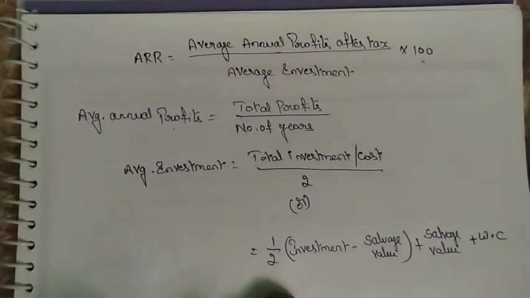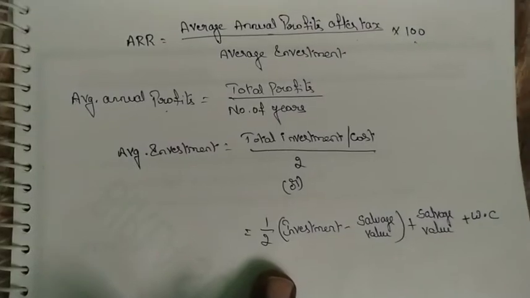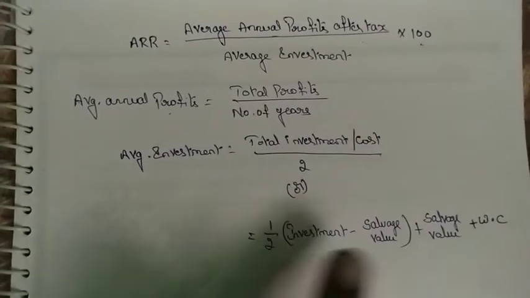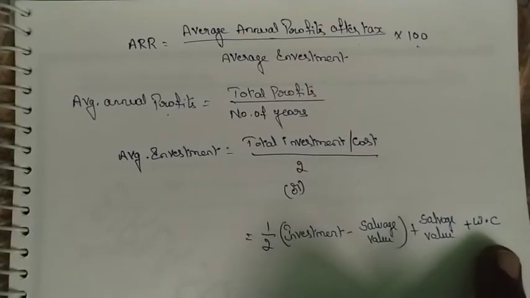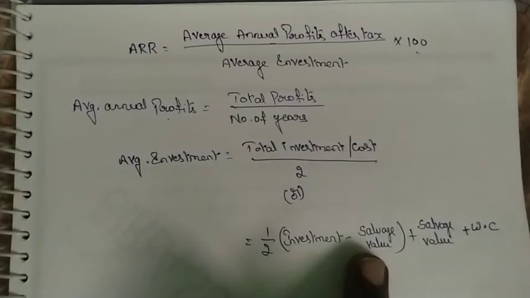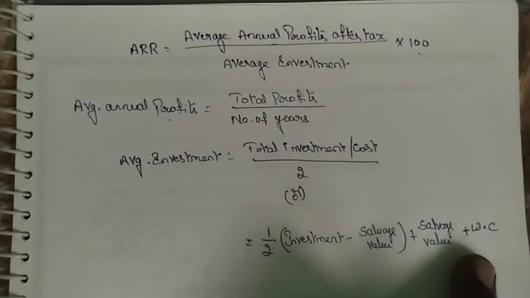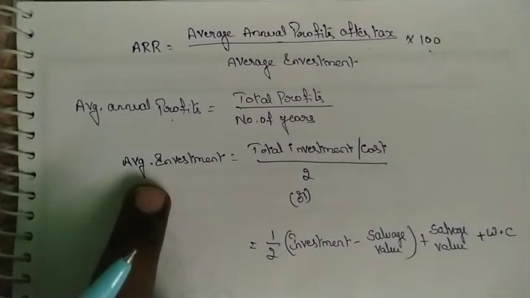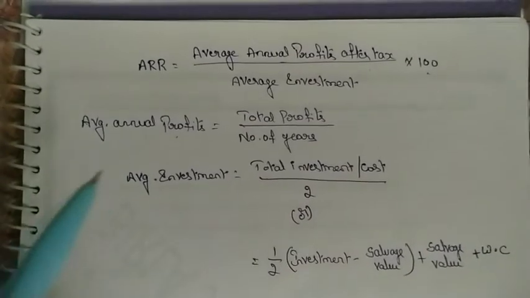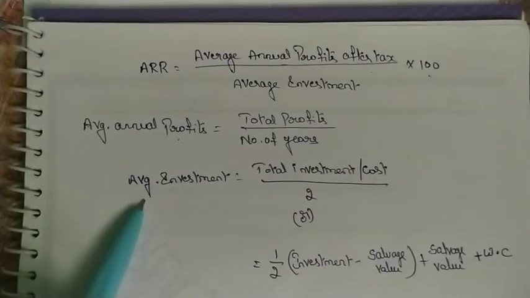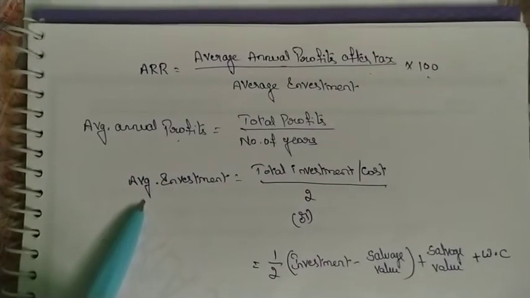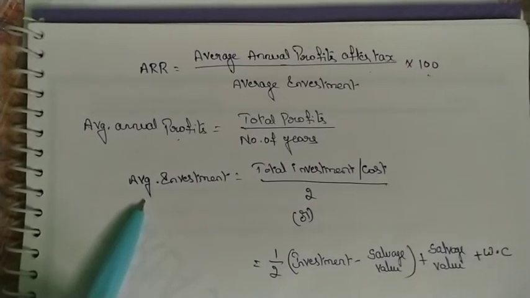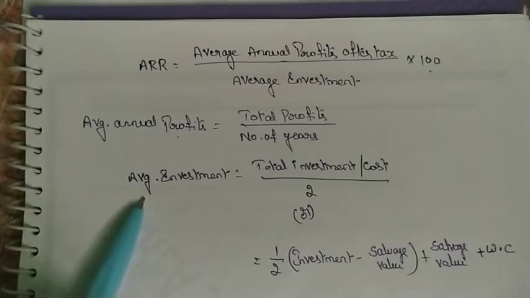This is the formula of average investment whenever salvage or scrap value and additional working capital are given in the problem. If they have not given any salvage value or working capital, then the earlier formula is used for calculation of average investment. Now we know how to calculate average annual profits and average investment. Let us calculate the accounting rate of return for both project X and Y.